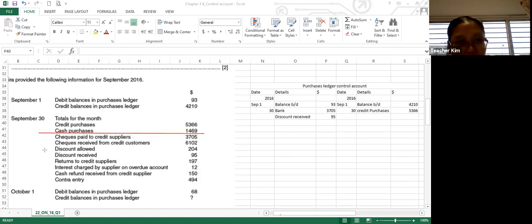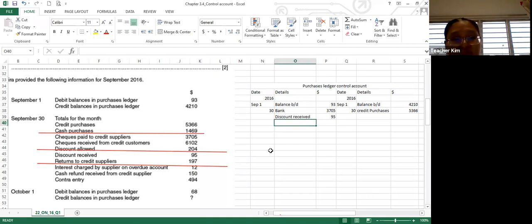Put a line every three items, so at least you can see clearly which amount is which, and you won't make unnecessary mistakes. Next, return to the credit supplier. Here is credit purchases, so here the return will be purchases.